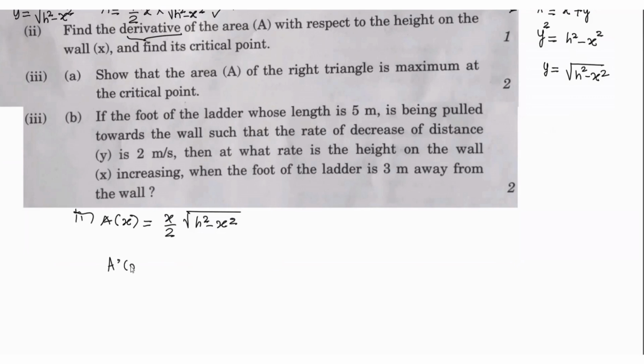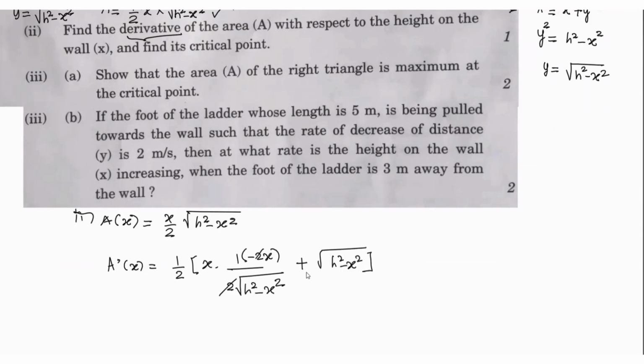So A dash of x is equal to, keeping the half outside, u v dash: 1 by 2 root of h square minus x square into the derivative of the term inside, which is minus 2x. So 2 and 2 get cancelled, plus v u dash: root of h square minus x square into 1, because if you differentiate x, it becomes 1.